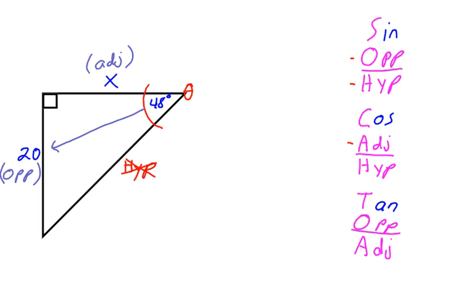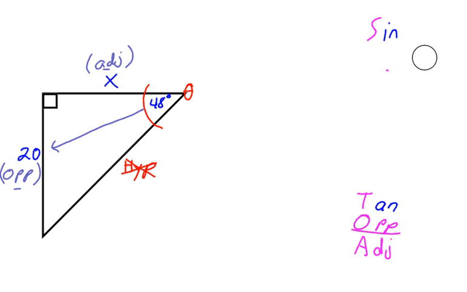Cosine uses adjacent and hypotenuse. Tangent is the only one that relates the opposite side to the adjacent side. So I'm going to erase these other two, since I've determined that I have to use the tangent function.